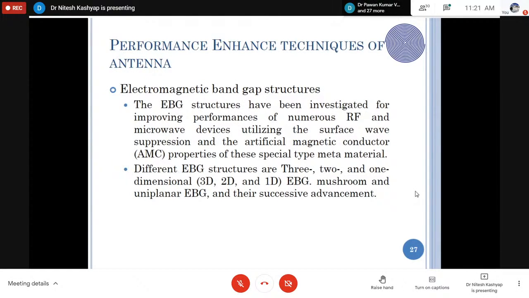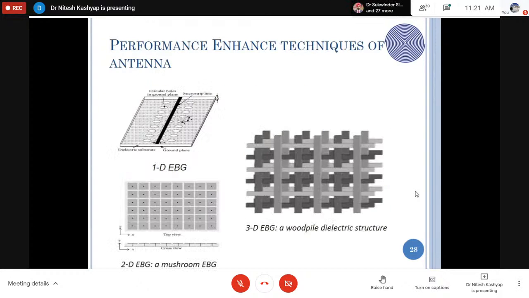Okay, so the different EBG structures are 3, 2, and 1 dimensional. That can be mushroom, uniplanar EBG, and their successive advancement, like I have shown here: 1D EBG, 2D EBG, and 3D EBG.